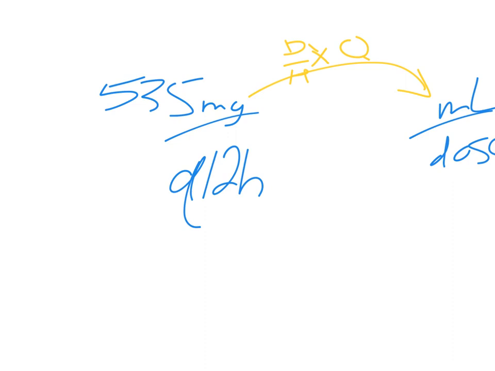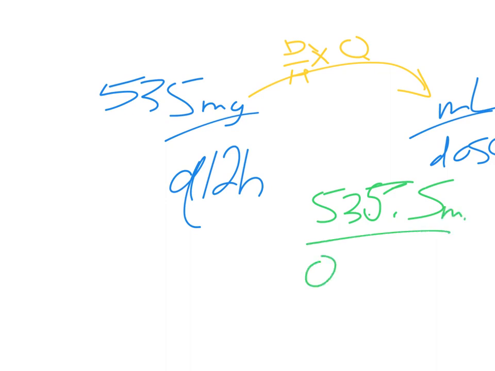So, in putting that in there, 535, I know it was 500, sorry guys. It was 535.5, sorry. And then dividing that by how it comes, since that was in milligrams, it was 0.35. But the trick here is this.